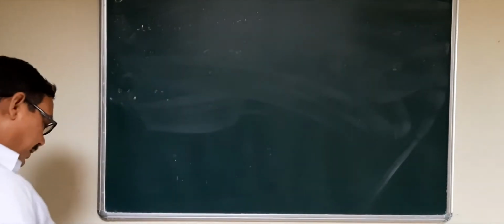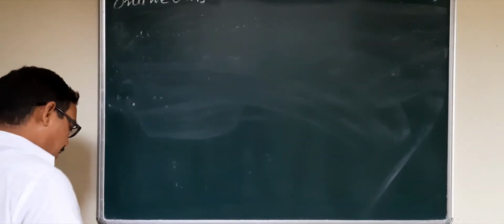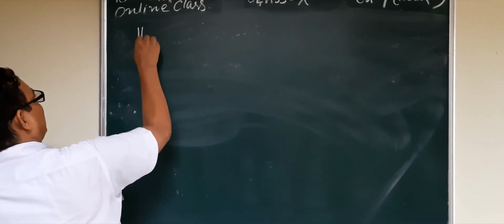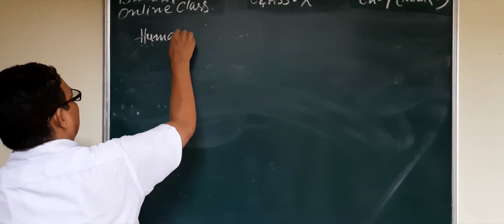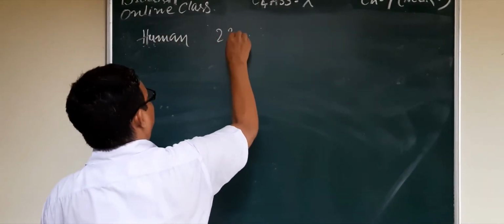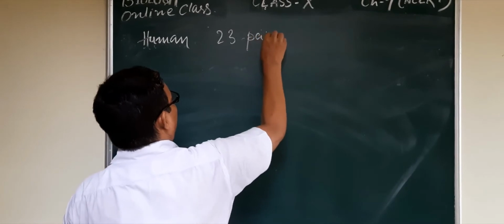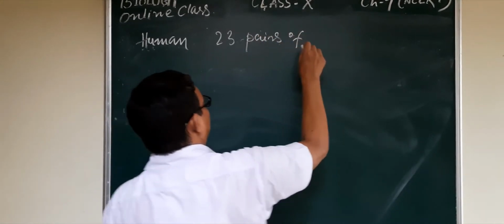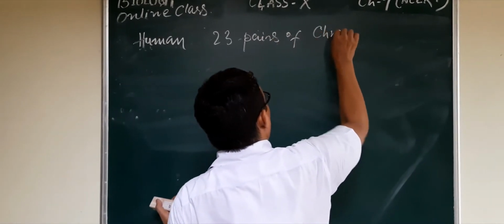In humans, there are 23 pairs of chromosomes.